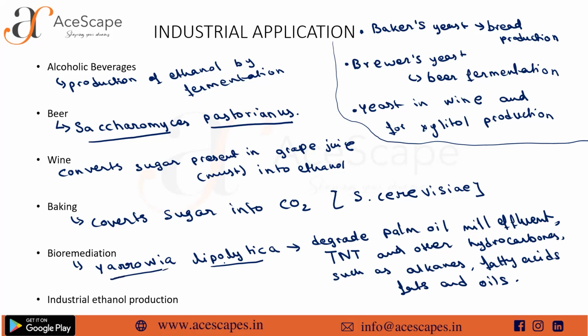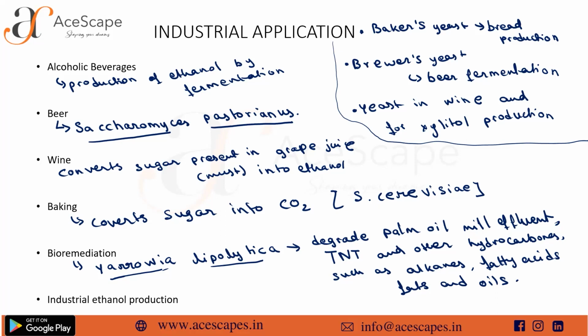Don't forget that. And for industrial ethanol production, yeast is the number one choice. The ability of yeast to convert sugar into ethanol is very much harnessed by the biotechnology industry for ethanol fuel.